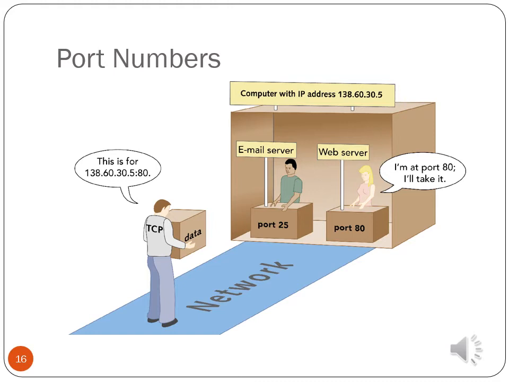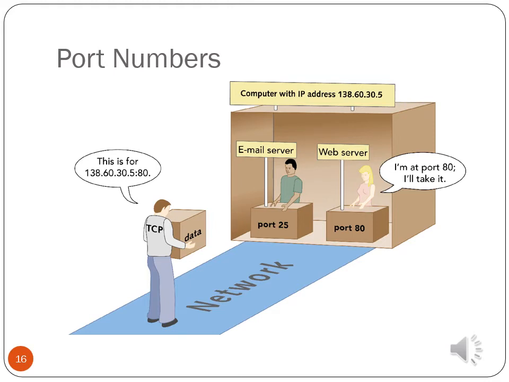That's a data packet. He's carrying a data packet to the computer, which is represented by the brown box. And you can see the IP address is 138.60.30.5. And if you see on the brown box, the IP address of that computer is that address, 138.60.30.5.